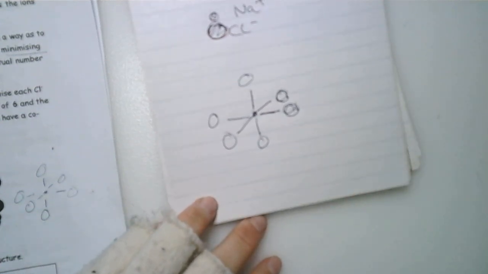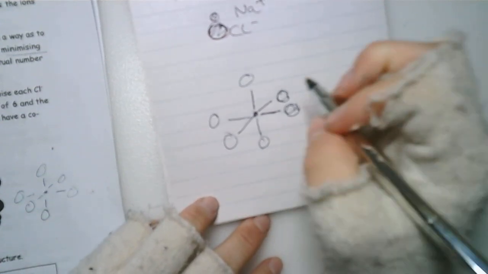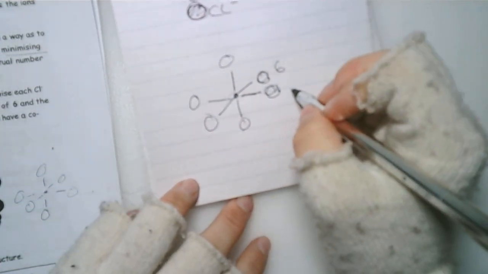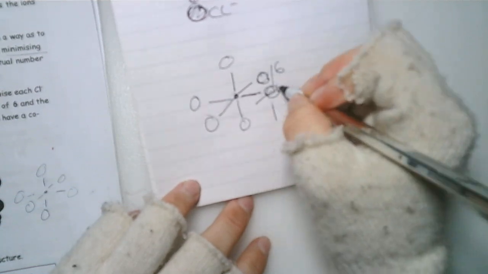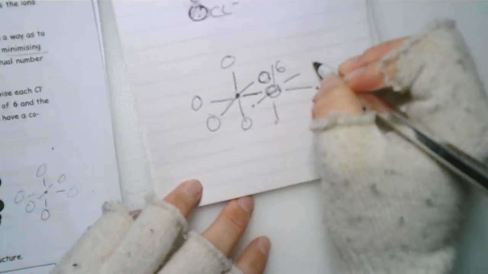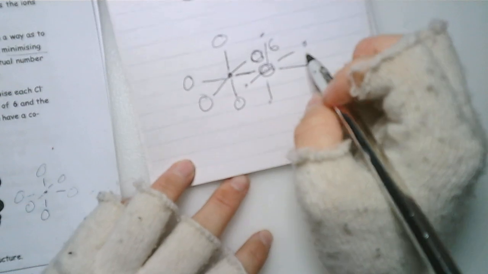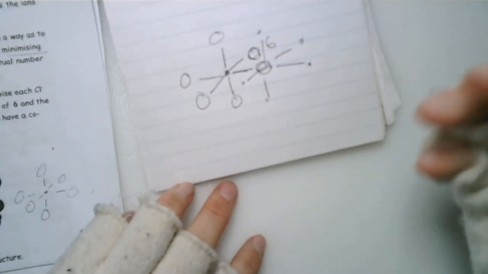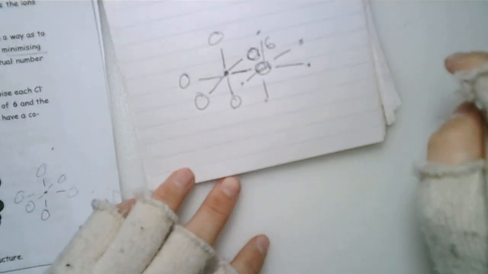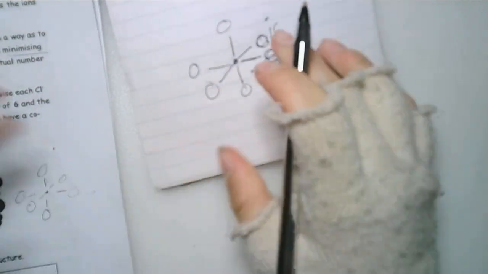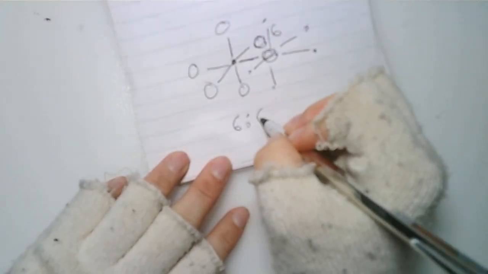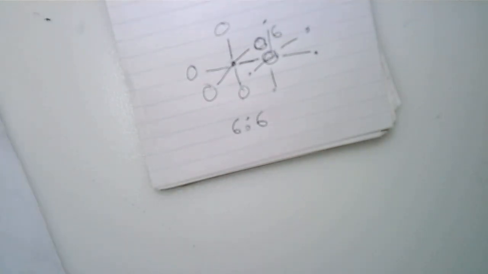If they were to ask you the coordination number of sodium, you would give 6. Same for chlorine, because chlorine has the same thing going on, so the coordination number of chlorine would also be 6. That means the crystal coordination number, of the whole crystal itself, would be 6:6. That's how you work it out, basically.